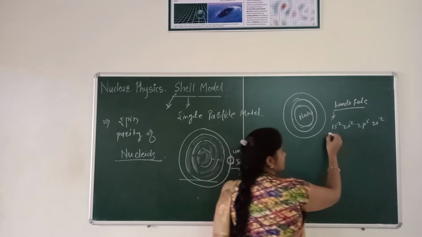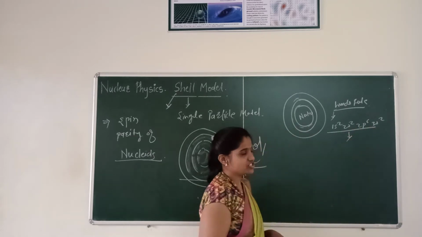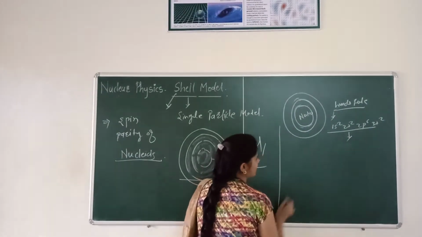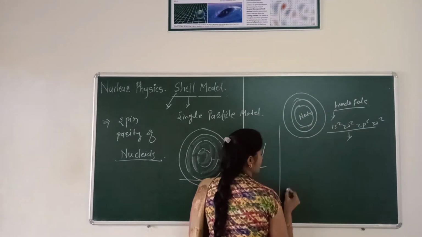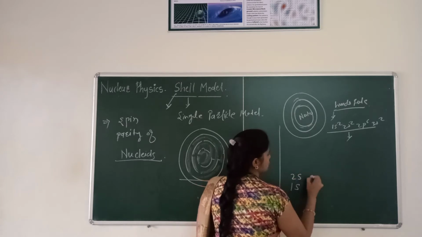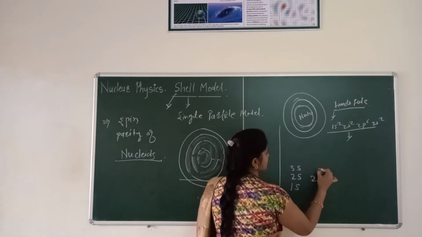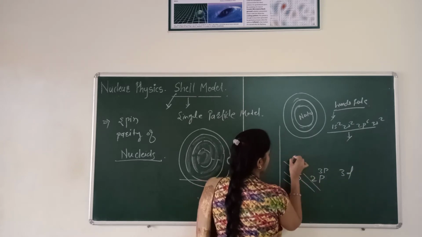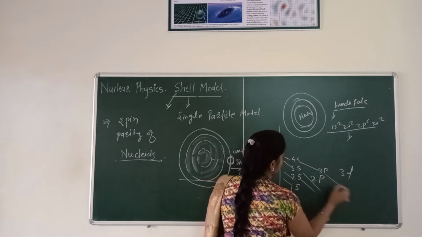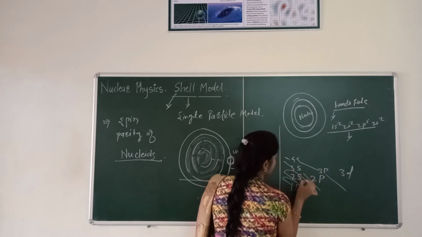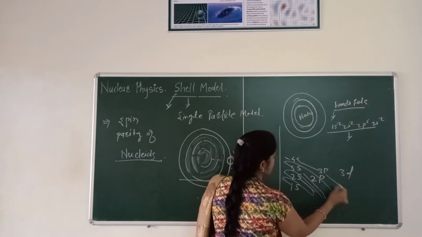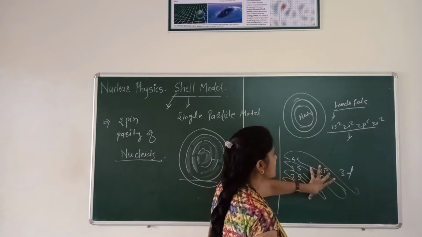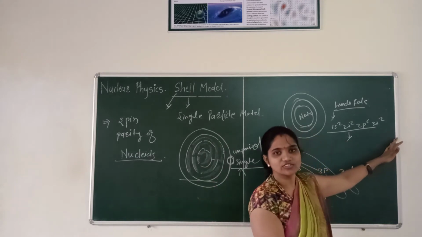When writing the electronic configuration, we need not remember all the configuration terms, because we can easily derive them using this rule: 1s, 2s, 2p, 3s, 3p, 4s, 3d. By using this we can easily derive the different electron configurations.